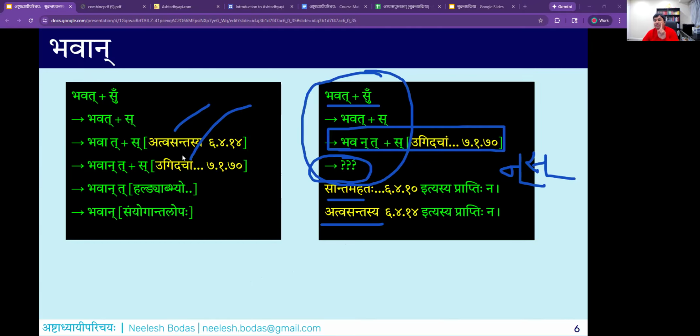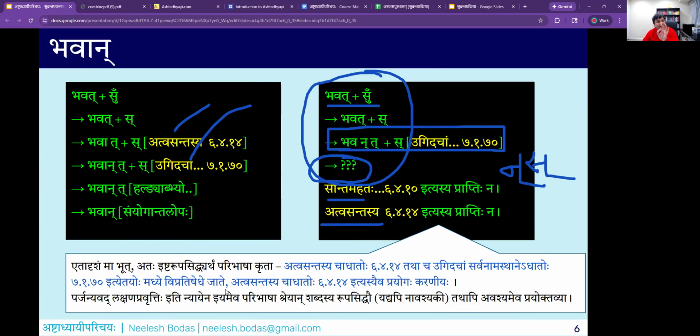Therefore, for specific examples like Bhavat plus Su, we need to flip the rule, and we need to say that when there is a Vipratishedha between Atvasantasya and Ugidacham, let us make a paribhasha, a new rule, that Atvasantasya cha dhatoho tatha cha Ugidacham sarvanamasthane dhatoho ityetayoho madhye yada Vipratishedha bhavati tada parasutrasya karyam na bhavati apitu adau purvasutrasya eva karyam bhavati. And therefore Atvasantasya cha dhatoho has to win over there.